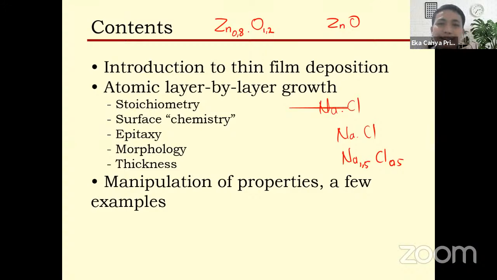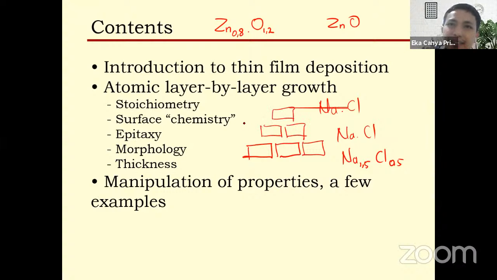Epitaxy. What is epitaxy? Do you know bricks? A brick layer, building blocks. And afterward they create it uniformly, and then here the growth of atoms vertically we call epitaxy.